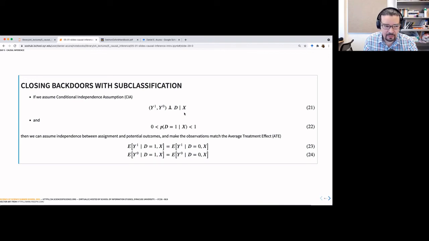You also assume that the probability of someone getting a treatment, for any value of these other covariates, is always possible. So it's not always 1 or always 0. If there is always a possibility of someone getting a treatment, no matter what kind of covariates, then you have these two assumptions. Then you can apply subclassification to control for that backdoor.